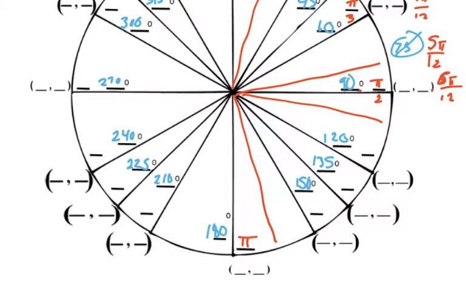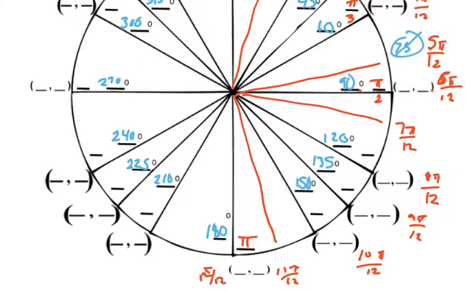And so this next piece would be 7 pi over 12, and then we have 8 pi over 12, 9 pi over 12, 10 pi over 12, 11 pi over 12, and then of course 12 pi over 12. So simplifying those, 8 pi over 12 makes 2 pi over 3.